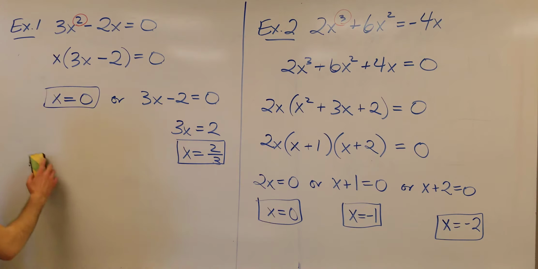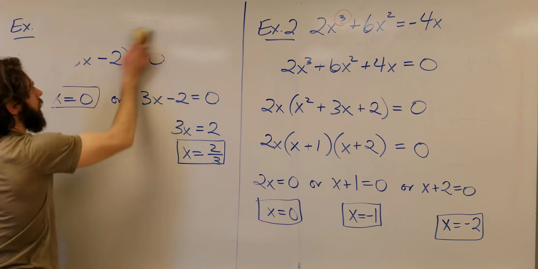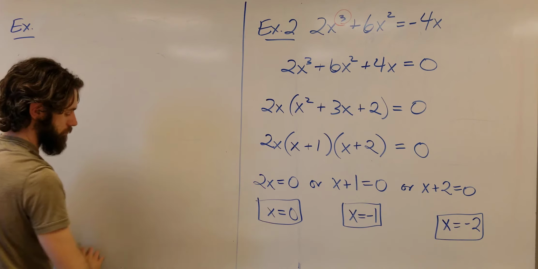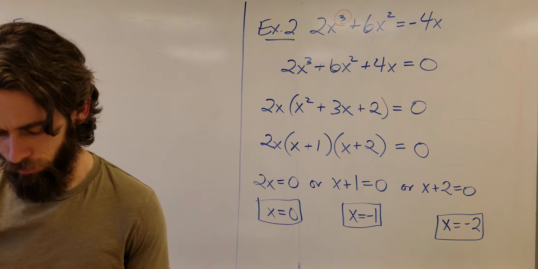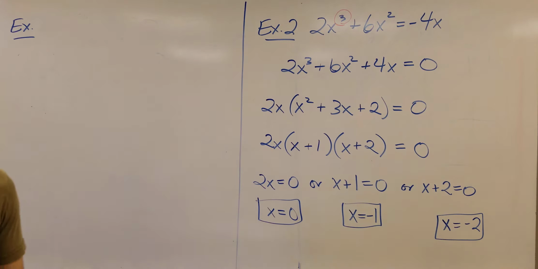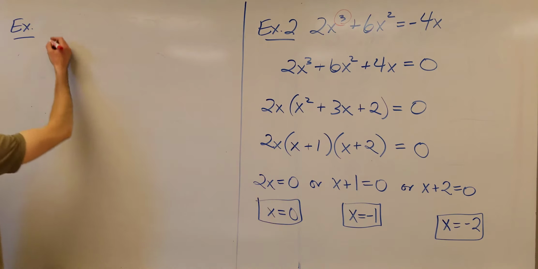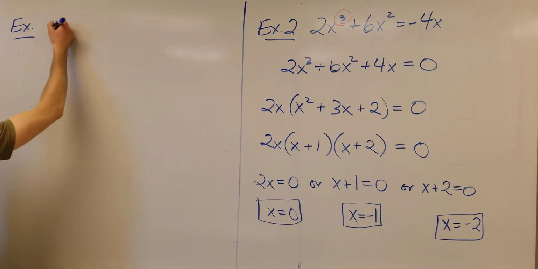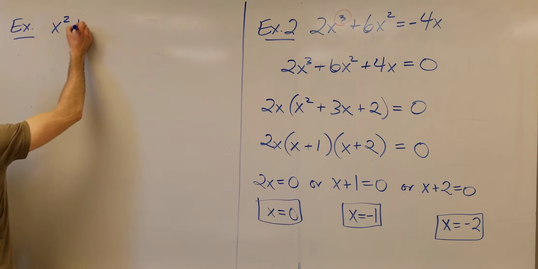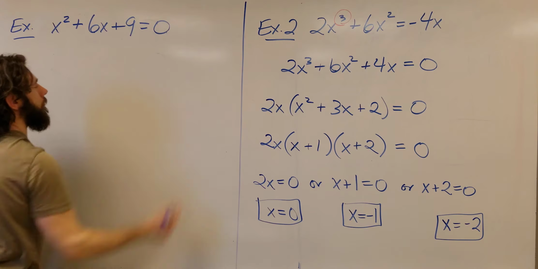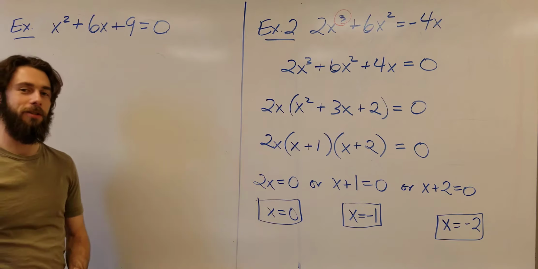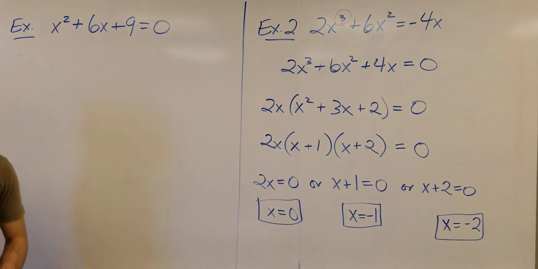So let's take a look at example 3. How about x squared plus 6x plus 9 equals 0?